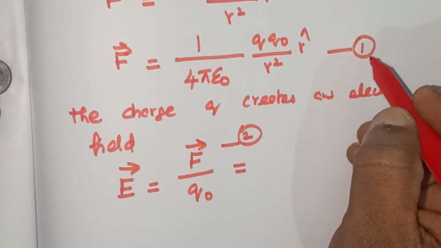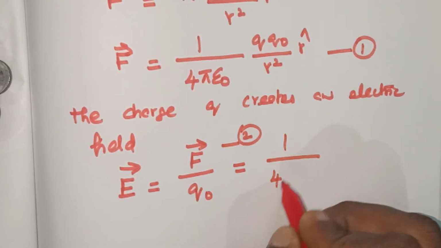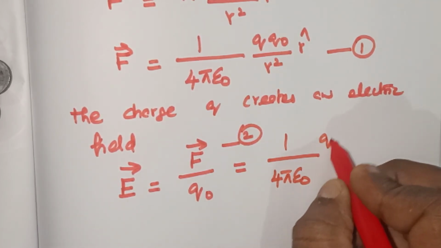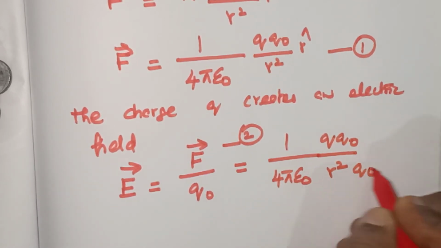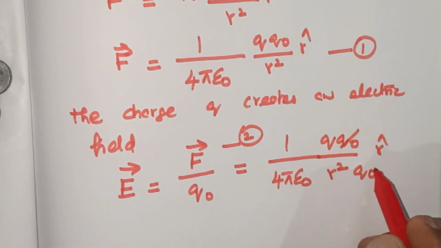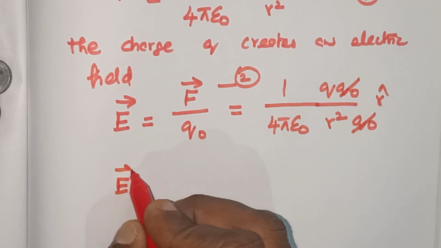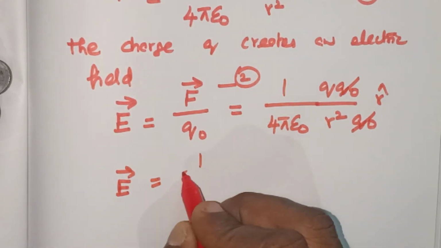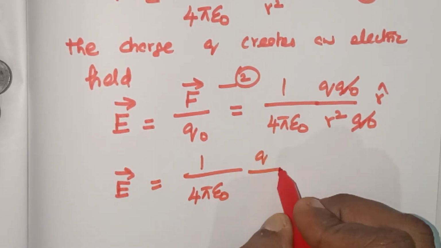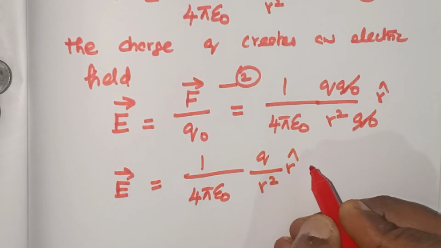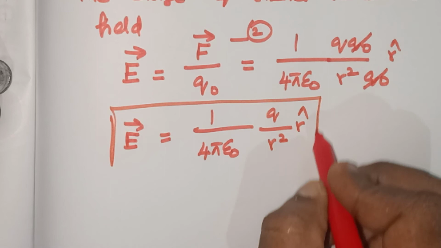Substitute 1 in 2. Therefore 1 by 4 pi epsilon naught Q Q naught divided by r square Q naught r cap. Here Q naught cancels. What is remaining? E vector is equal to 1 by 4 pi epsilon naught Q by r square r cap. Okay, this is the electric field.